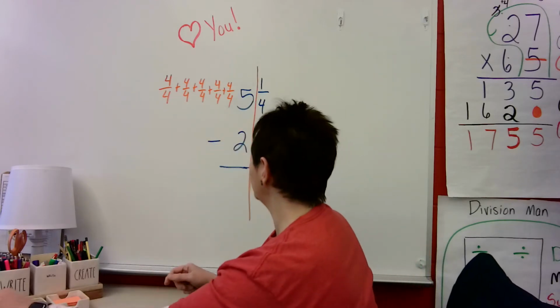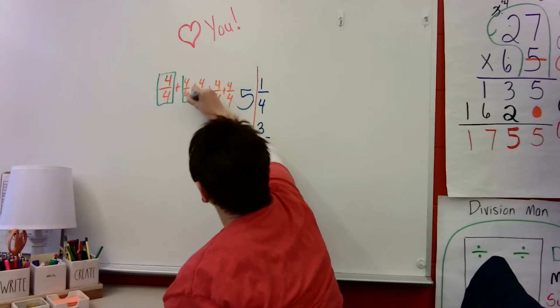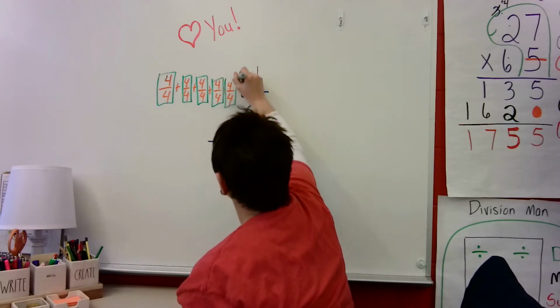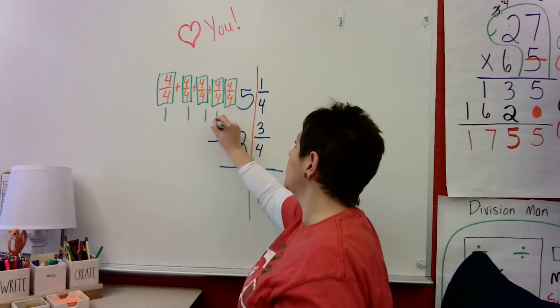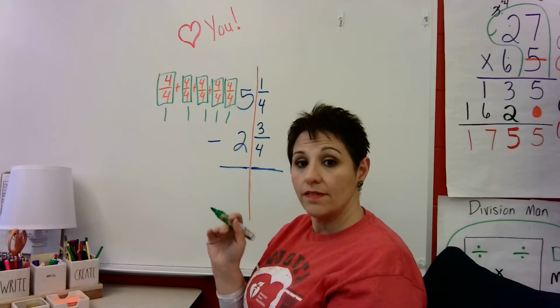Because each one of these 4/4 is actually one whole. So this is 1, 2, 3, 4, 5. So I actually have 4/4 5 times.